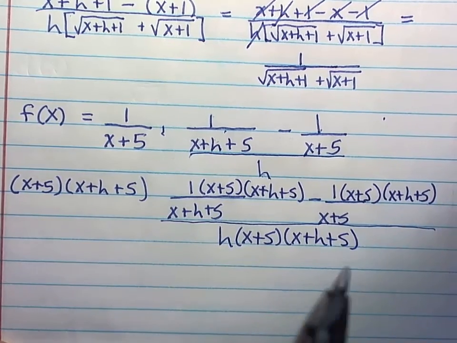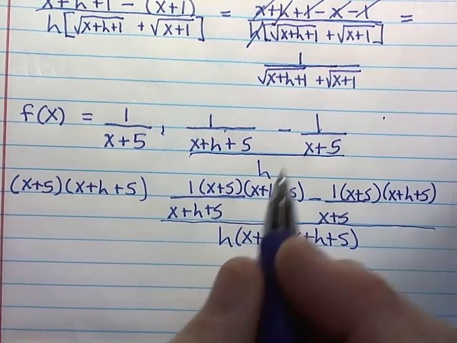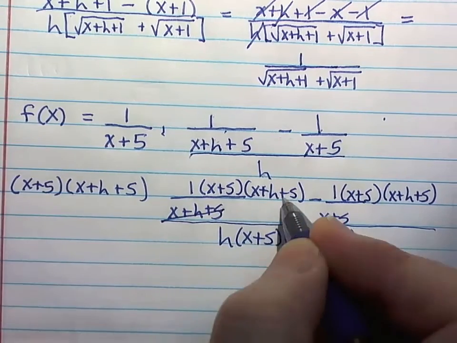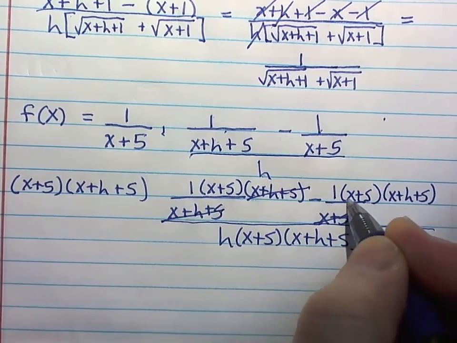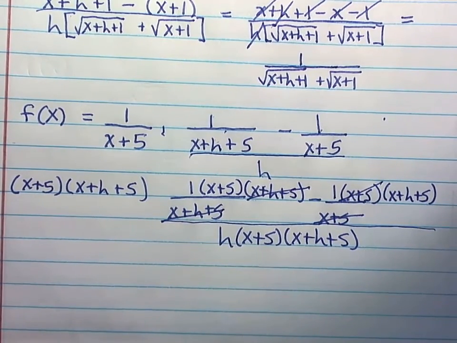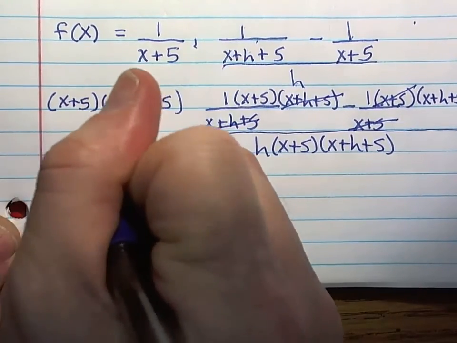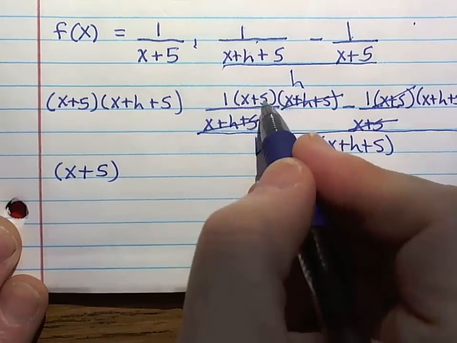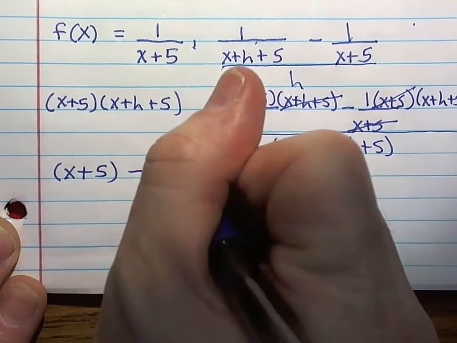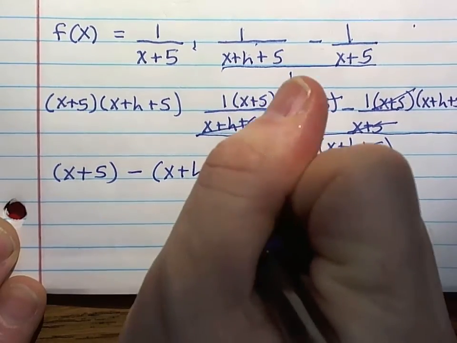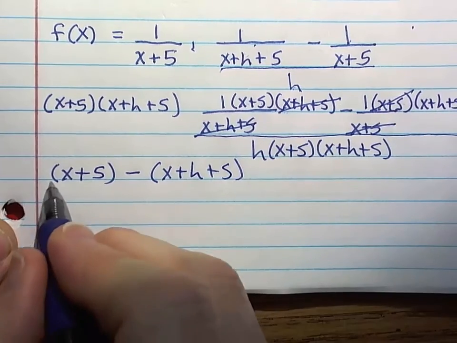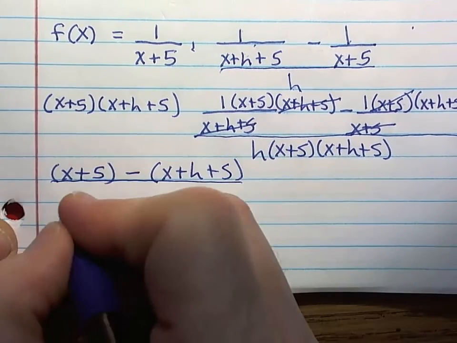See? Now the reason I did that is because look what's going to happen. All of these extra denominators are going to be divided out. And now dig this. Here's what happens. Up top we've got x plus 5, see, right there, minus x plus h plus 5. And then down in the bottom we've got all of this.